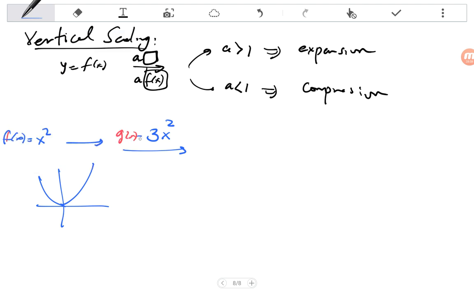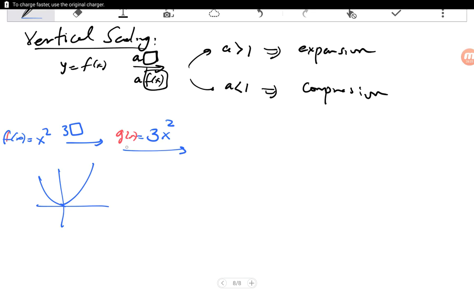I have noticed that in this transformation from x squared to 3x squared, I have taken the whole function and multiplied it by 3, which means a vertical scaling. Multiplying means scaling. Adding or subtracting means a shift.